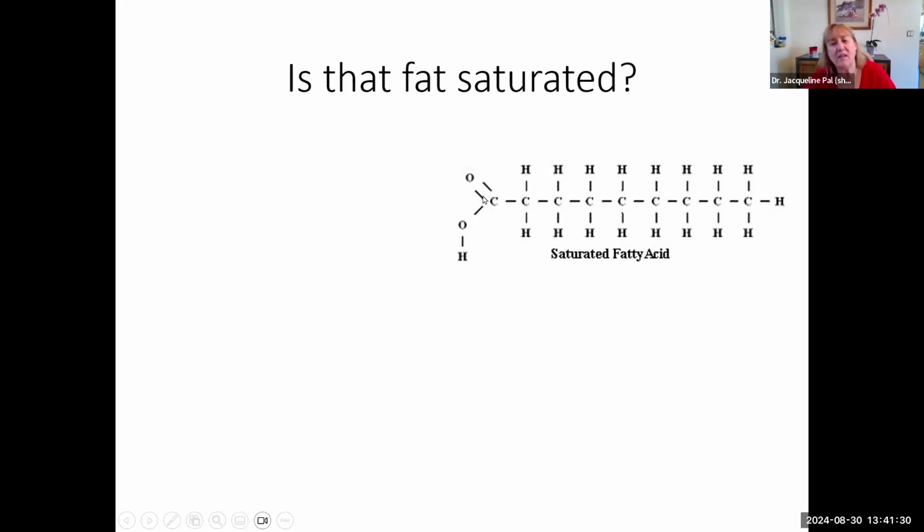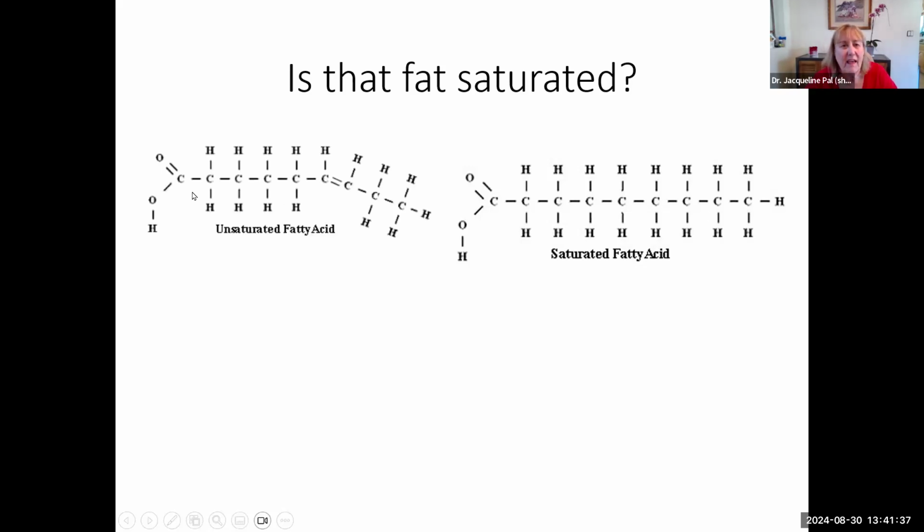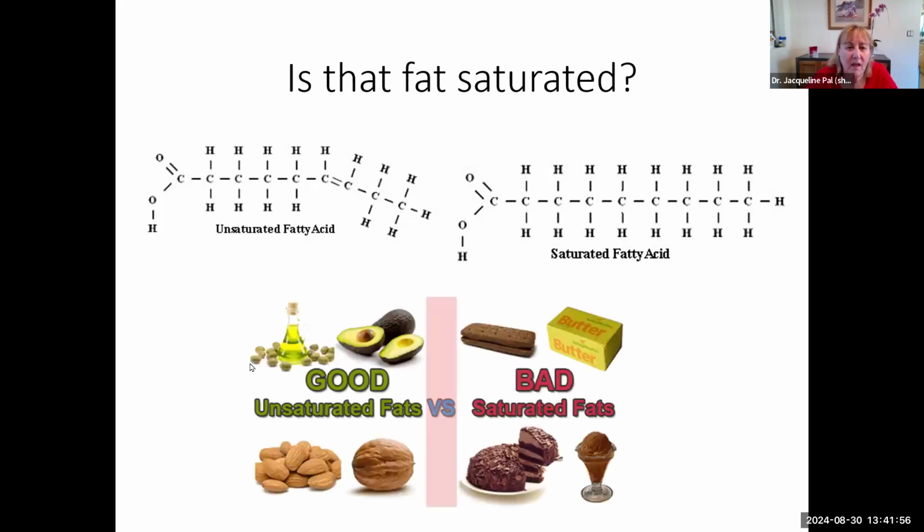It is maximally saturated. This is going to be solid at room temperature. If it's unsaturated, we are going to have at least one double bond, and that means there's going to be a bend in the structure. This is going to give it liquidity, movement at room temperature.